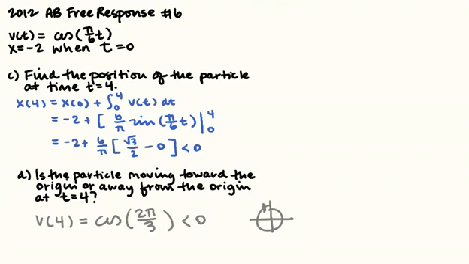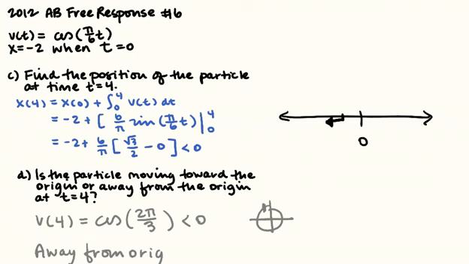So velocity is negative. So if here is 0, and my position is negative and the velocity is also negative, meaning I'm moving to the left, the distance is increasing. So it's moving away from the origin, due to the fact that v and x are both negative.